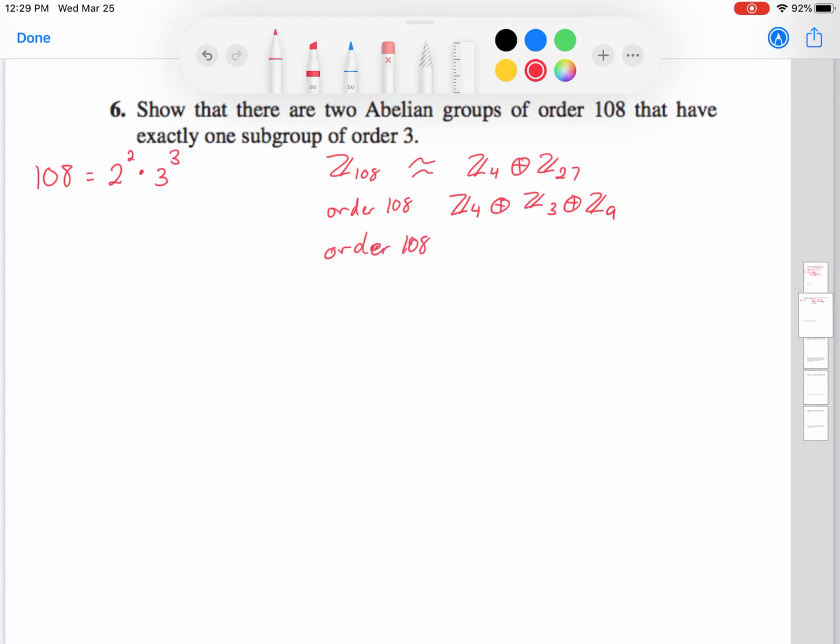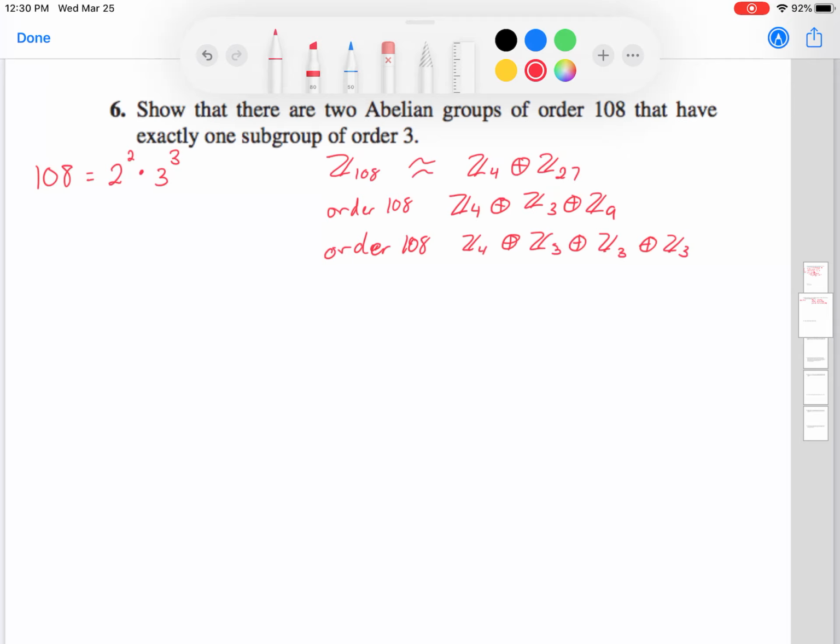Another order 108 group that we could look at would be this group. Another 108 group that we could look at would be any of these three groups here, only splitting Z4 up into Z2 and Z2.